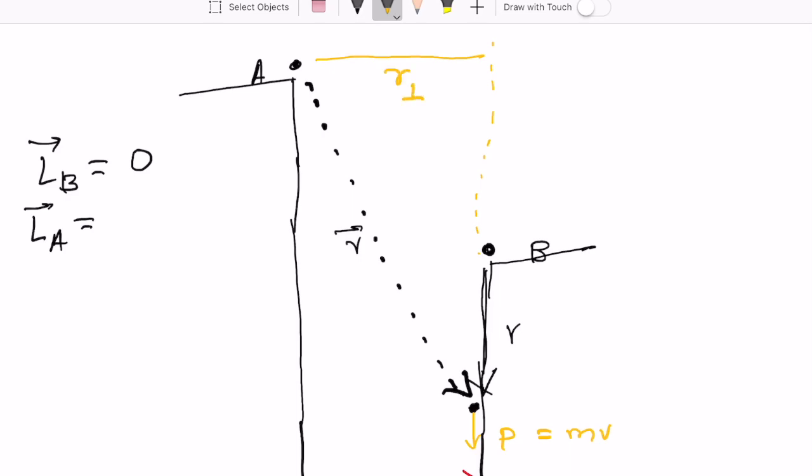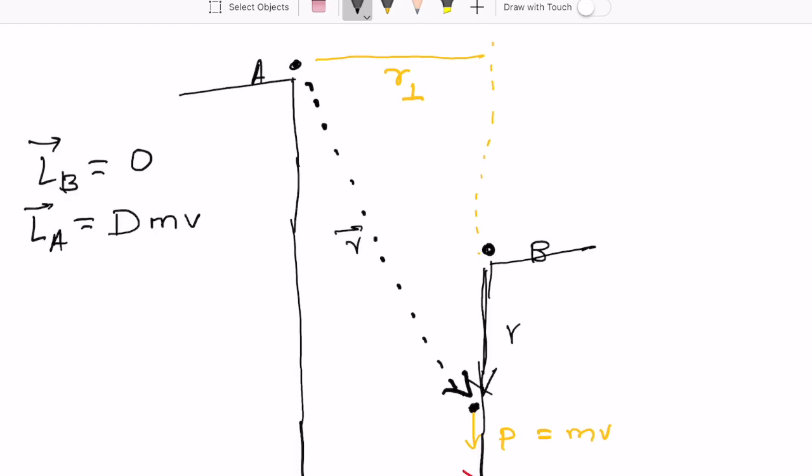We do know what this lever arm is, and so that's why this method is much easier. So the lever arm is simply equal to d. So d multiplied by p, which is mv, is the angular momentum as measured by A. Now v is not given in the problem, but we know that its initial vertical velocity was 0, and its acceleration is just g, acceleration due to gravity.